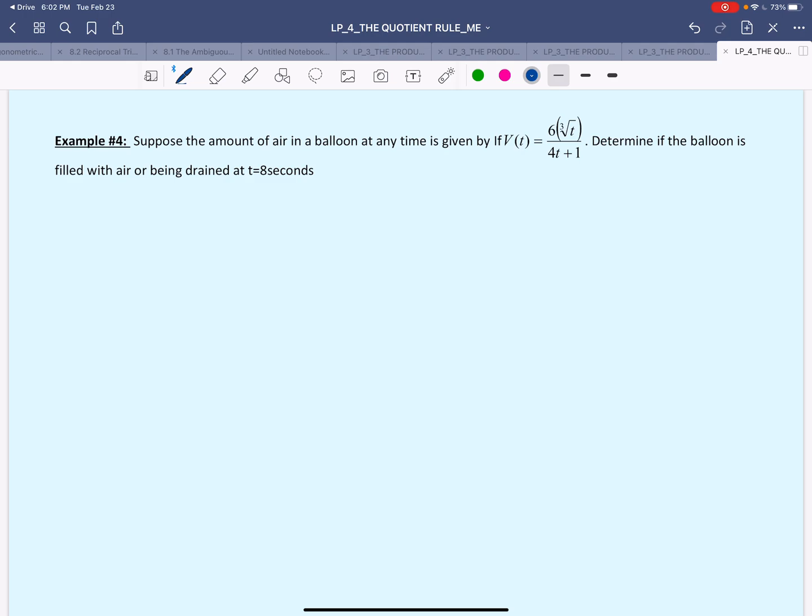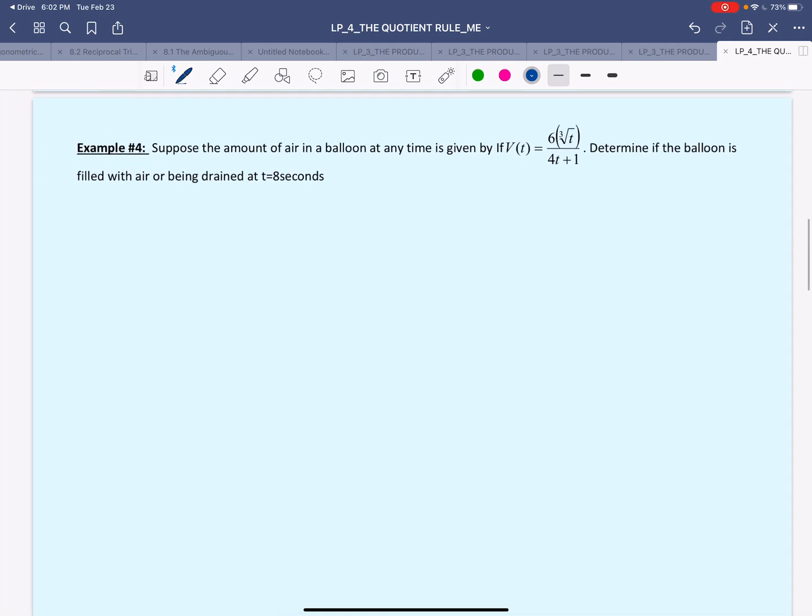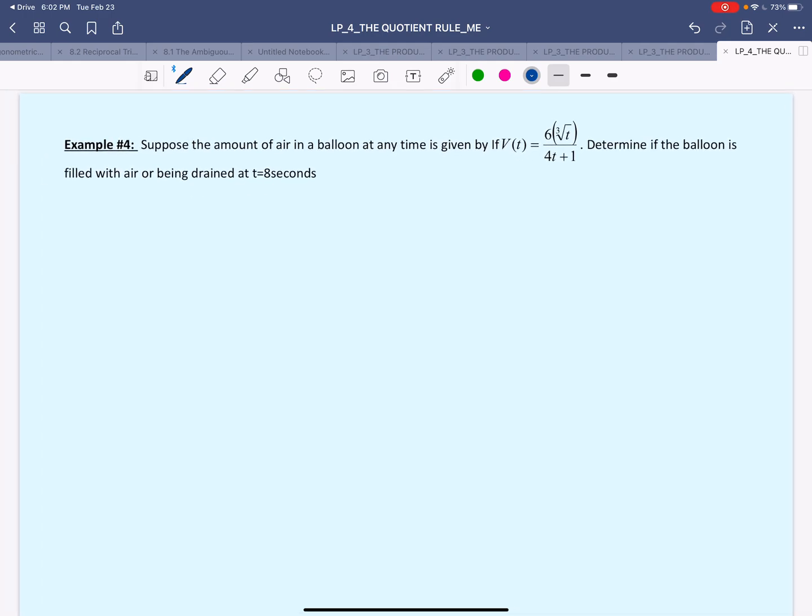Remember that if a balloon is being filled with air, it means that the volume is increasing. If the volume is increasing, that means that V prime must be positive. If a balloon is being drained, that means that the volume is decreasing. And if a volume is decreasing, it means that V prime is less than 0.